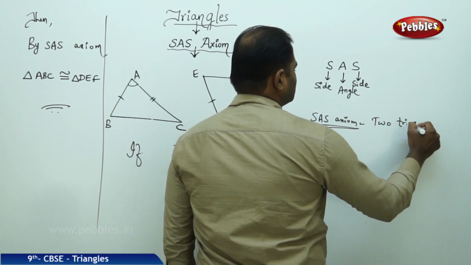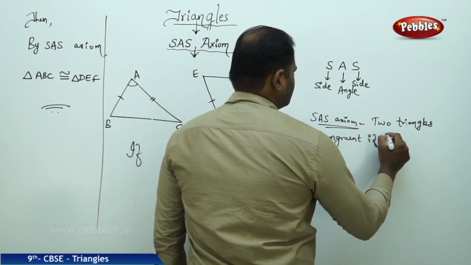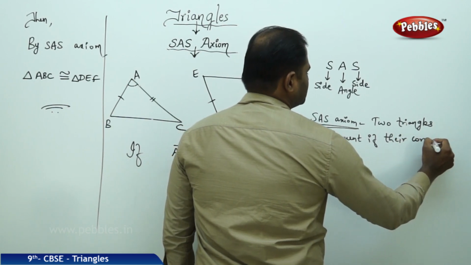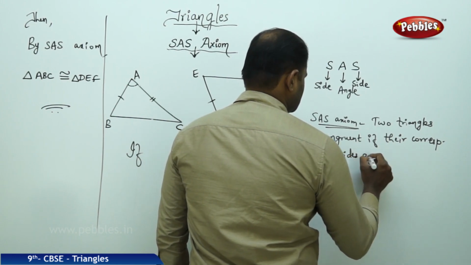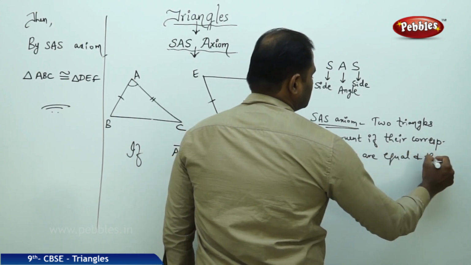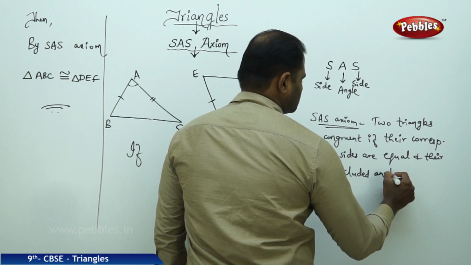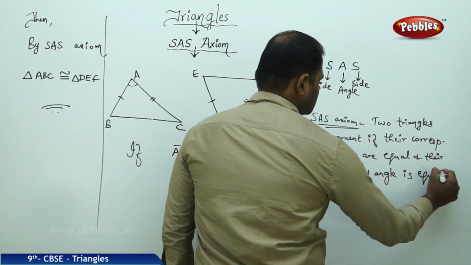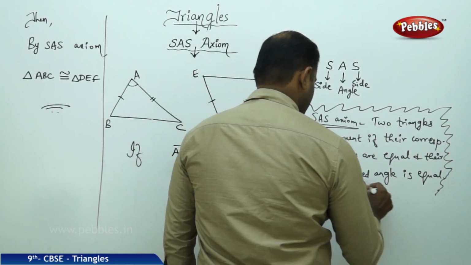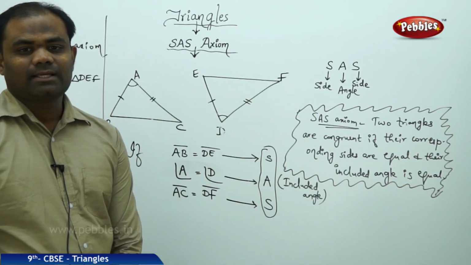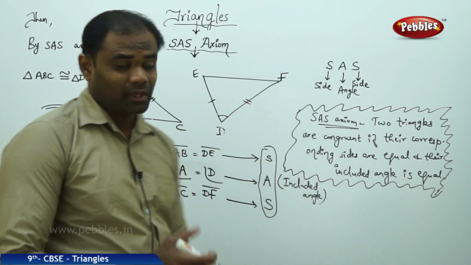Two triangles are congruent if their corresponding sides are equal and their included angle is equal, is how I define SAS axiom.